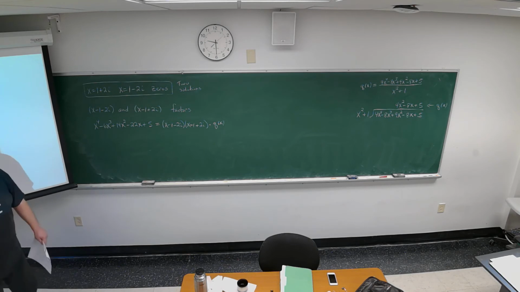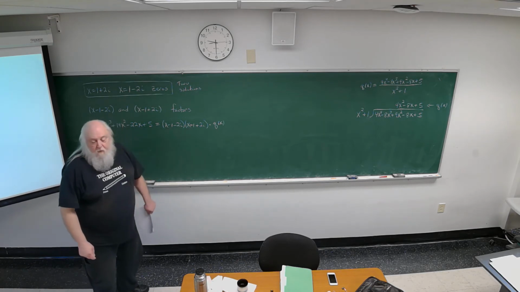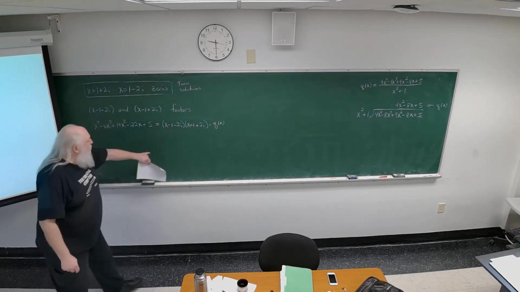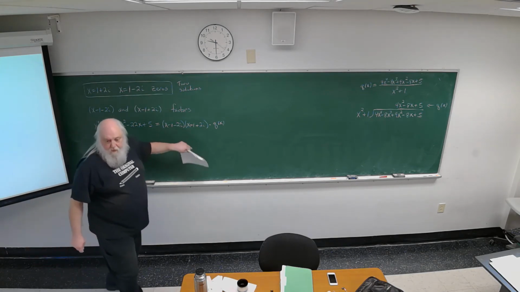So we're going to end up doing long division again. Okay? So we got to multiply this out so that we can divide our fourth degree polynomial by the product.